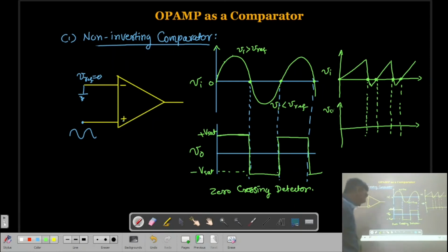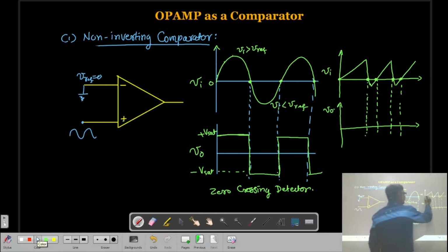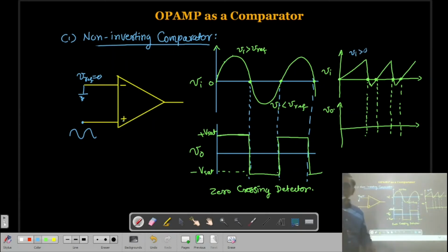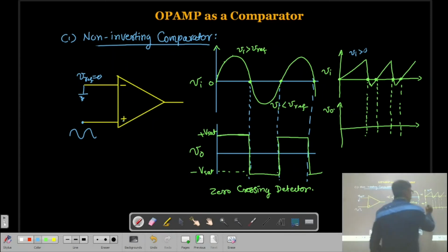Now try to understand that for all these values here, this Vi is greater than 0. So the output voltage will be in plus saturation, like this.